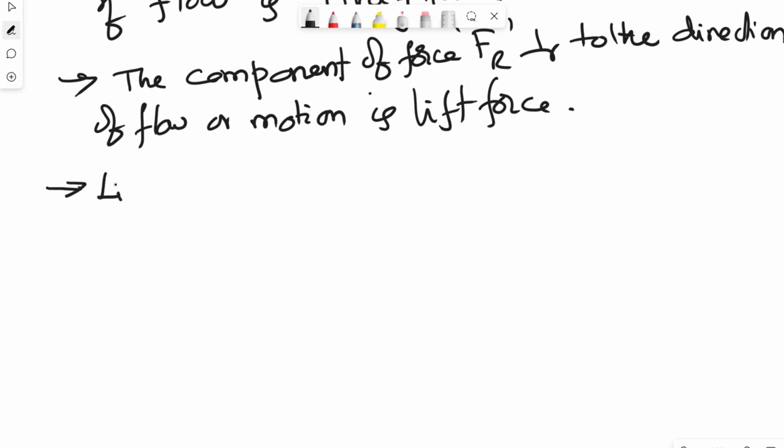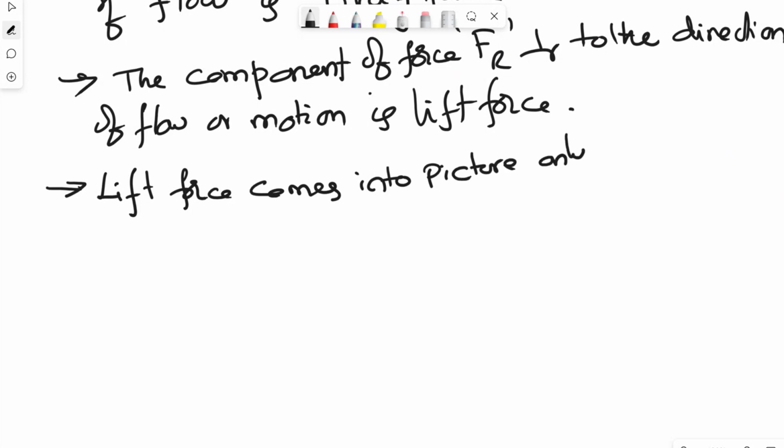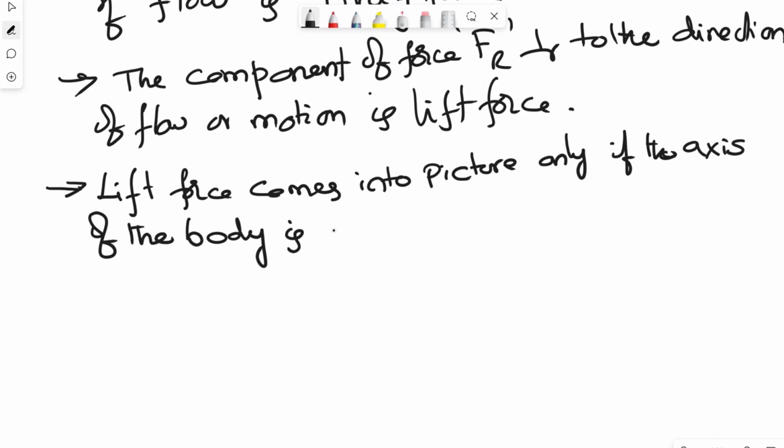Lift force comes into the picture only if the axis of the body is inclined to the direction of flow.